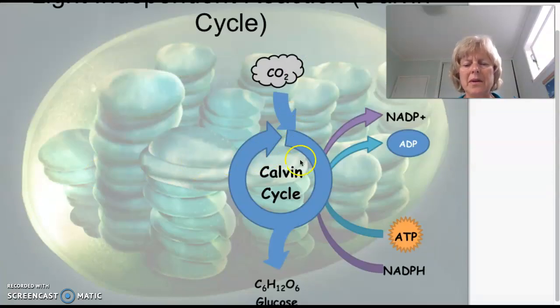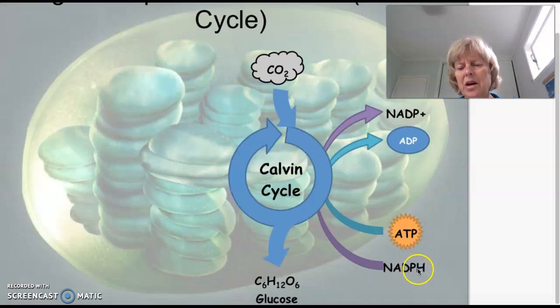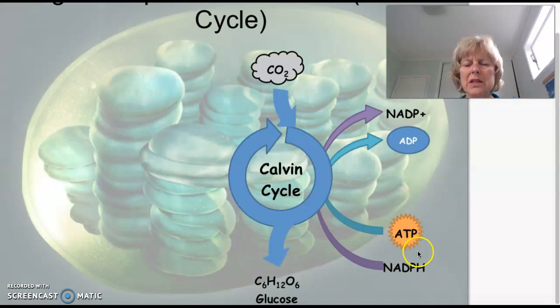Now, in the next step, the Calvin cycle, the plant needs carbon dioxide, and it combines the carbon dioxide with the hydrogen that gets delivered by the NADPH molecules and makes glucose.